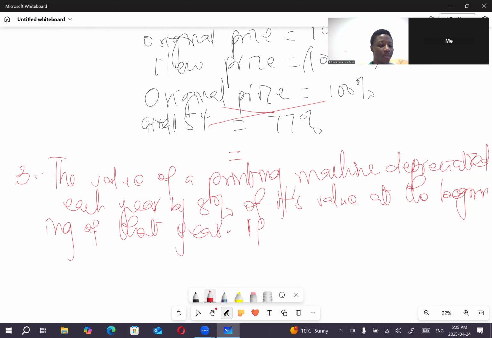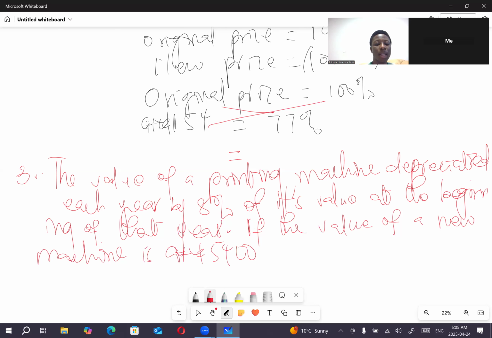If the value of a new machine is 5,004, find its value at the end of the third year.